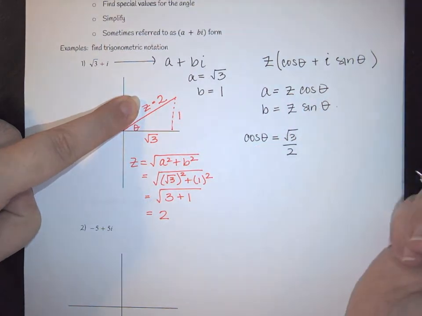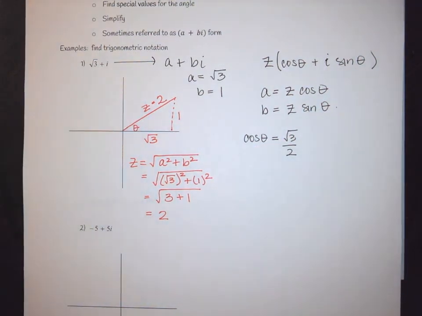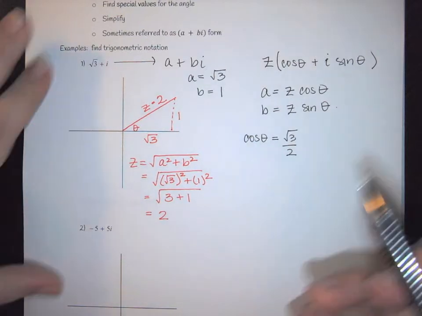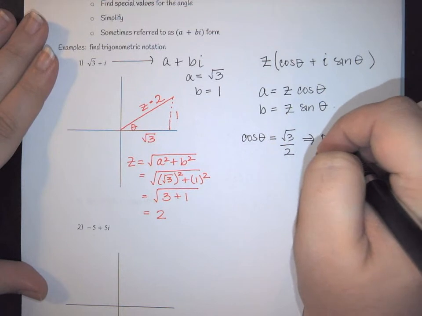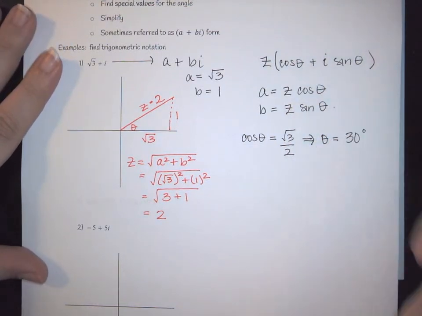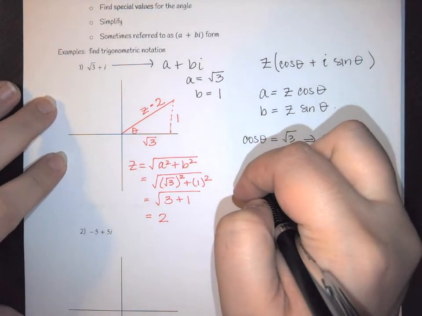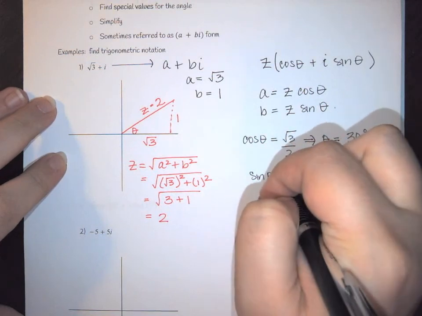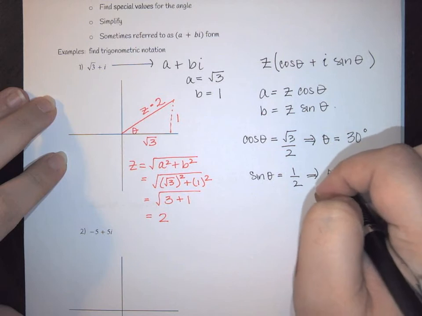In doing that, we need to be able to back calculate what that angle is. So the square root of 3 over 2 tells me that my angle is going to be 30 degrees. Now I can double check that with my sine, and so here the sine of my angle is equal to 1/2. Again, that tells me that my angle is 30 degrees.